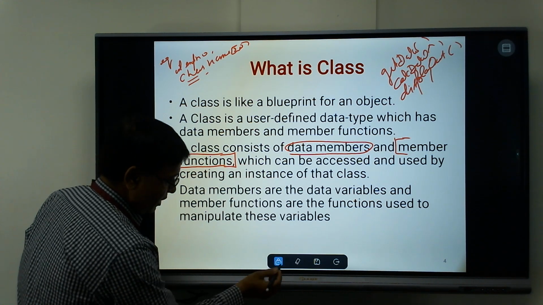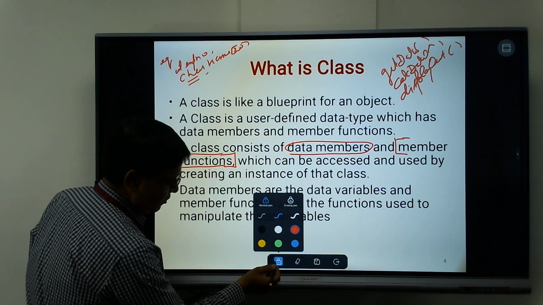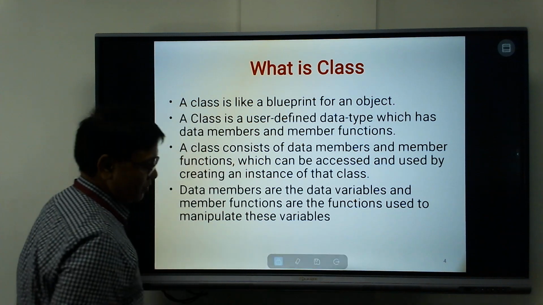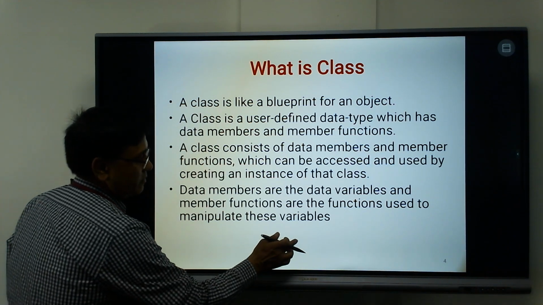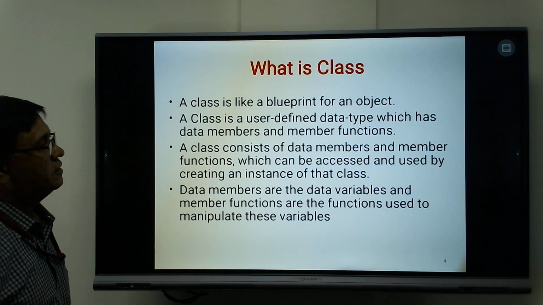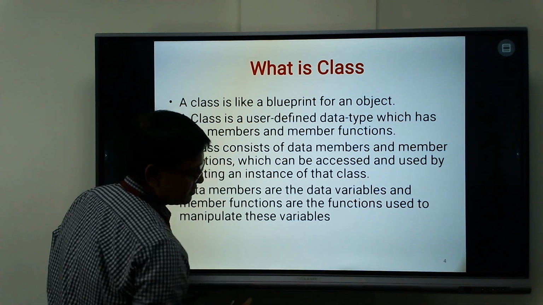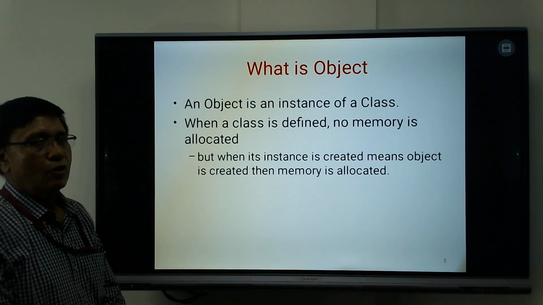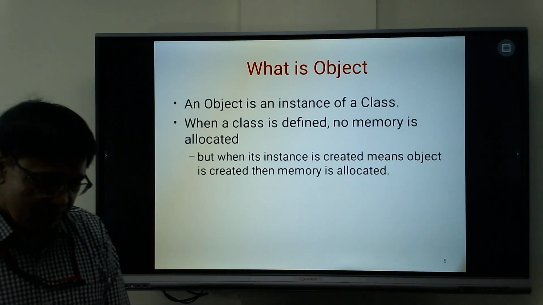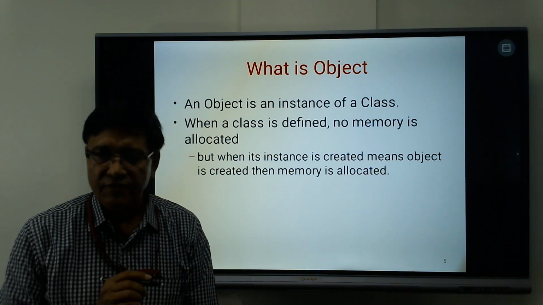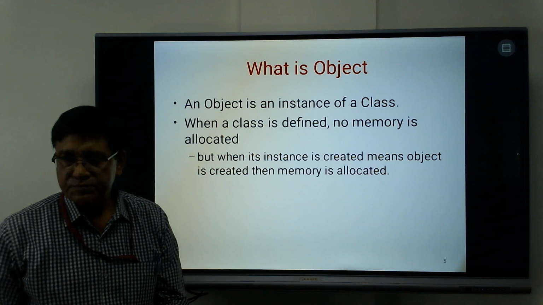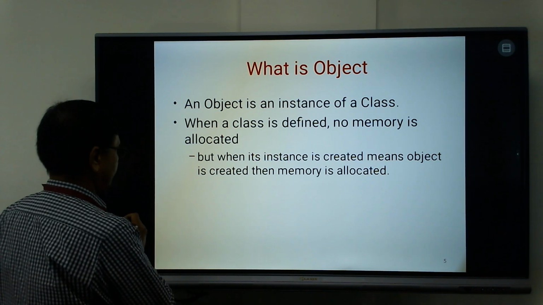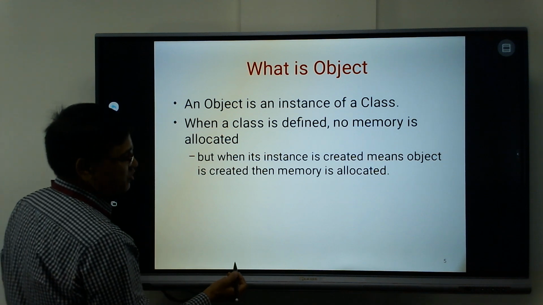Fine. I will discuss another thing now. Next is, what is an object? See, after creating the class, we have to create the object. Object is the main thing. For example, you have created the class EMP.